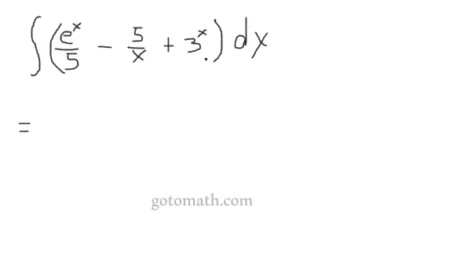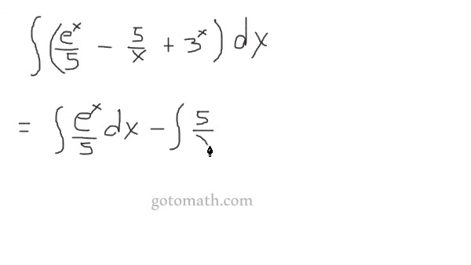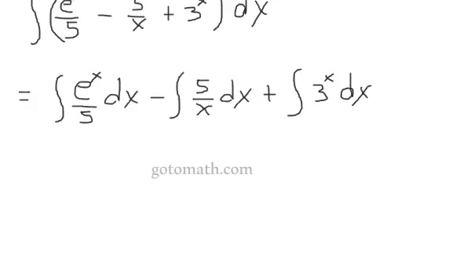The properties of integration, which I'm not sure I mentioned yet, but we can actually rewrite this. We can break all this stuff up if you would like. And then plus the integral of 3 to the x dx. So we can break all this up and do these all separately.